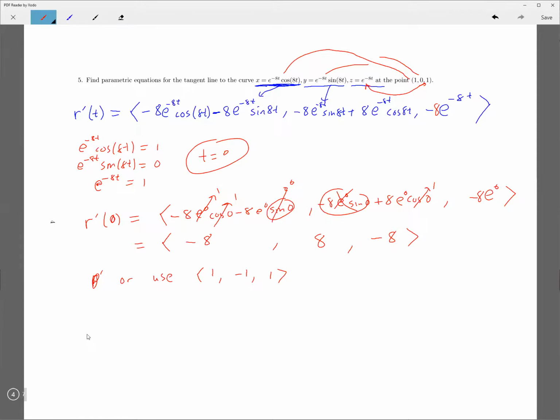So you can just use, for the x slot, you start with the point 1 plus, so these get multiplied by t. And then for the y, this is the point 0 and then negative t.